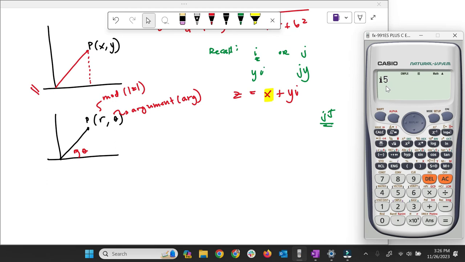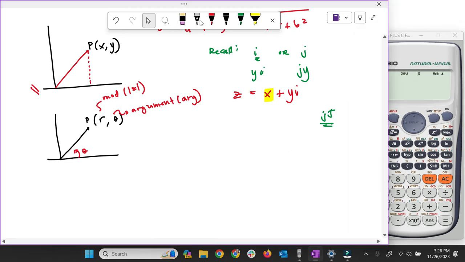Si j is placed at the front of y. So kapag ganyan yung nilagay mo, syntax error. Kasi nga, sinasabi ng calculator mo, mali yung pagkaka-place ng iyong imaginary number, dapat nasa dulo yan. Okay? Ayan, so, let's proceed.